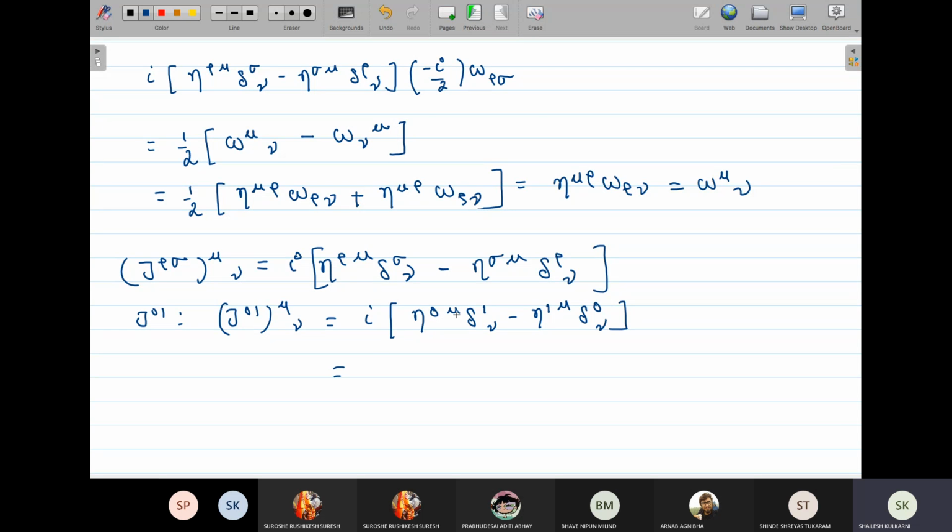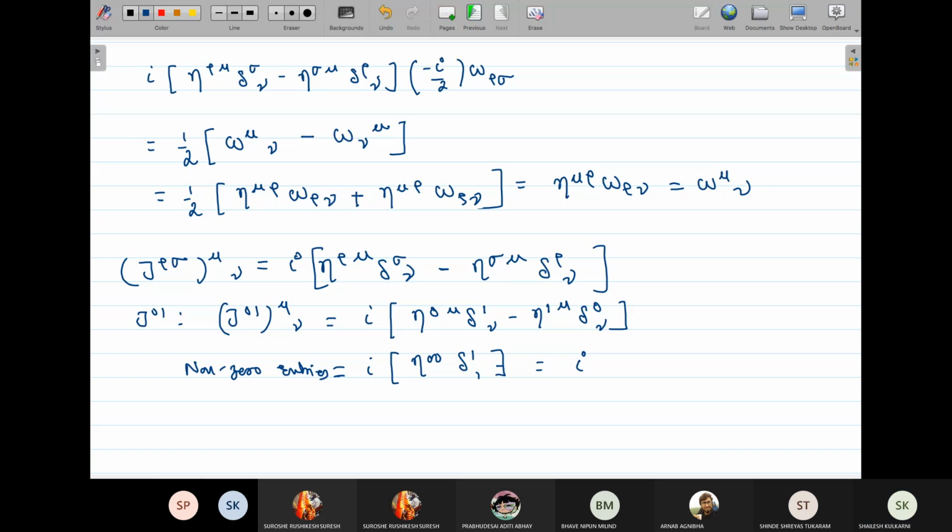If eta is 0 here, mu has to be 0. So the non-zero entries will be, okay, what are those? i times mu is 0 and here delta is 1, then nu has to be 1, so 0 1. Minus, mu is 0, so this will be out. Okay, so I will get this one, and this is 1, so it will be i.